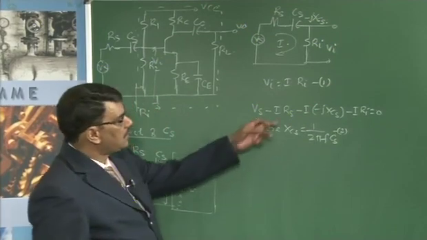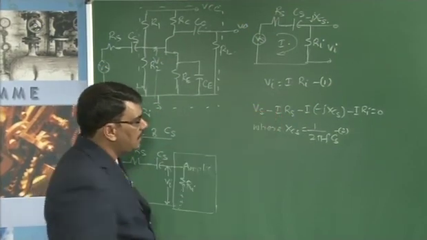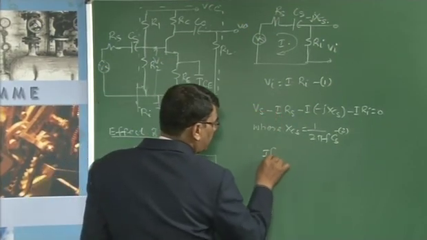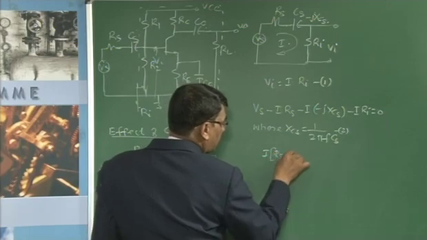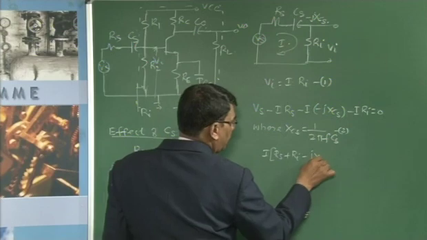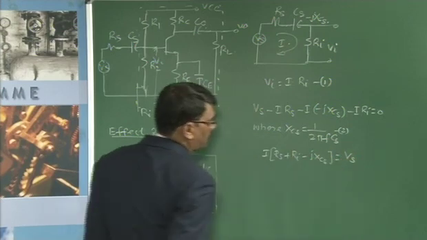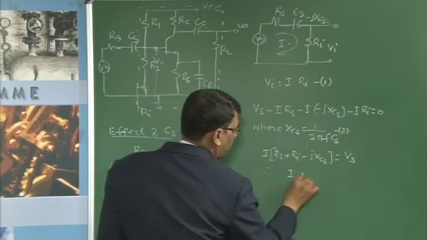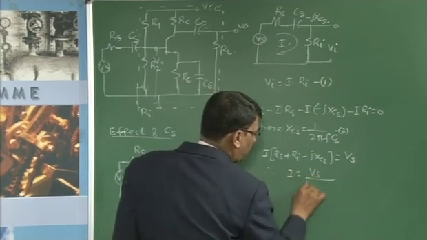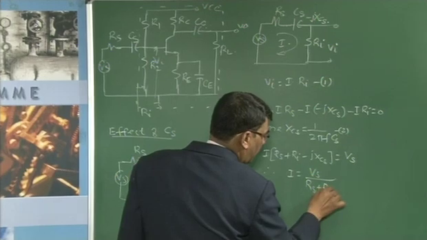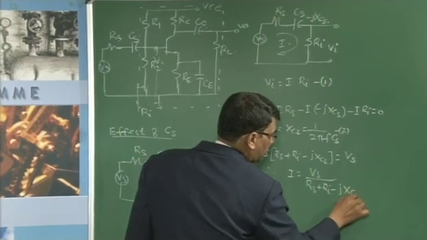Solving this equation for the current, I into Rs plus Ri minus jXCS equals Vs. Therefore, I is equal to Vs divided by Rs plus Ri minus jXCS.